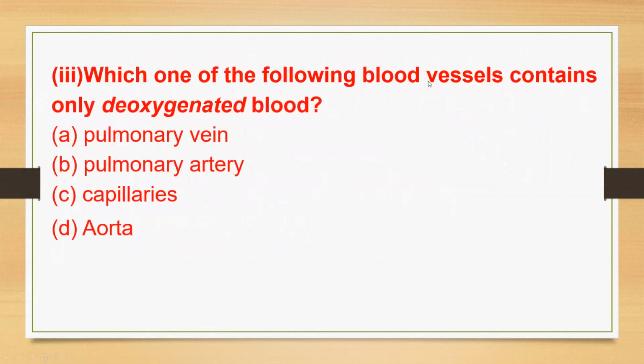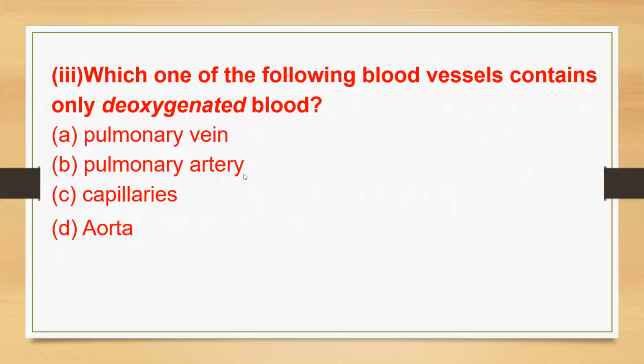Which one of the following blood vessels contains only deoxygenated blood? Yes, we have three blood vessels: veins, arteries, and capillaries. Veins carry deoxygenated blood and arteries carry oxygenated blood. Here, they are giving one vessel which contains deoxygenated blood: the pulmonary artery.